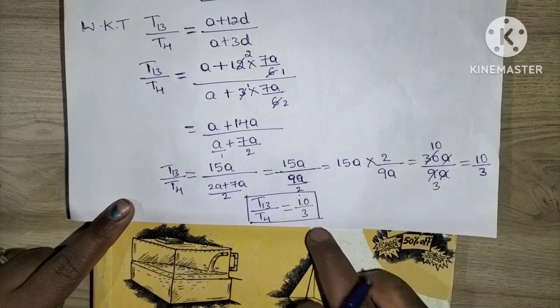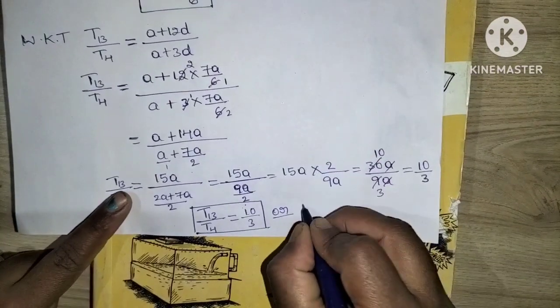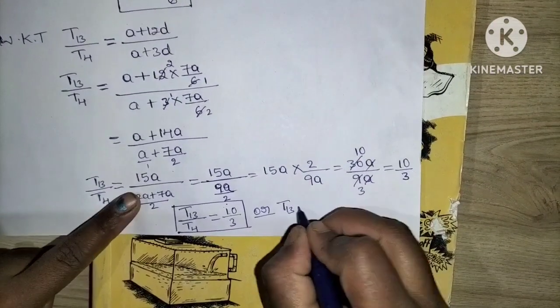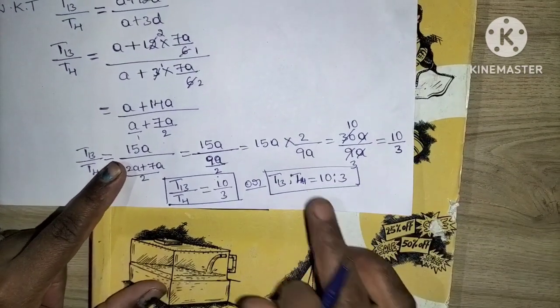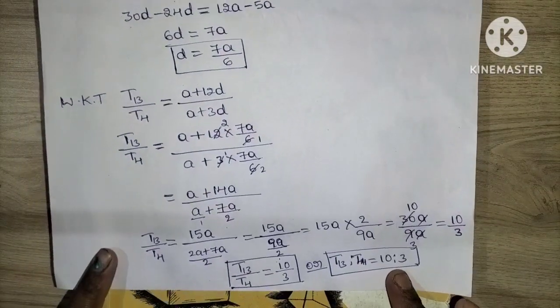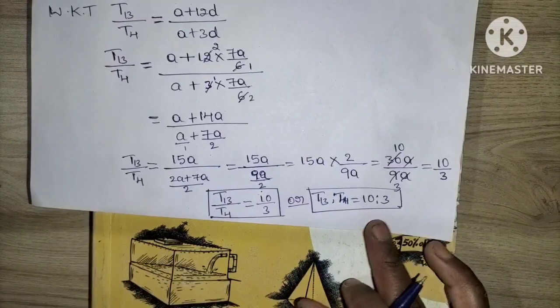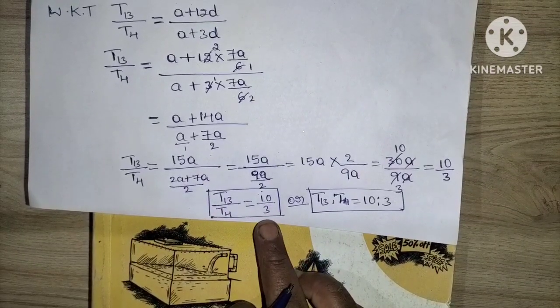We can also write it in the form of T13 is to 4th term is equal to 10 is to 3. So this is the value of 13th term to 4th term.